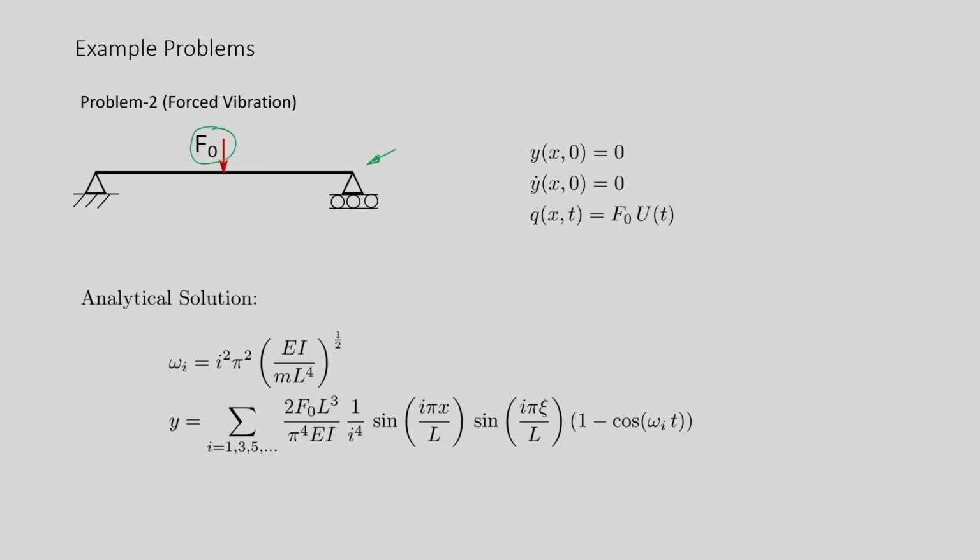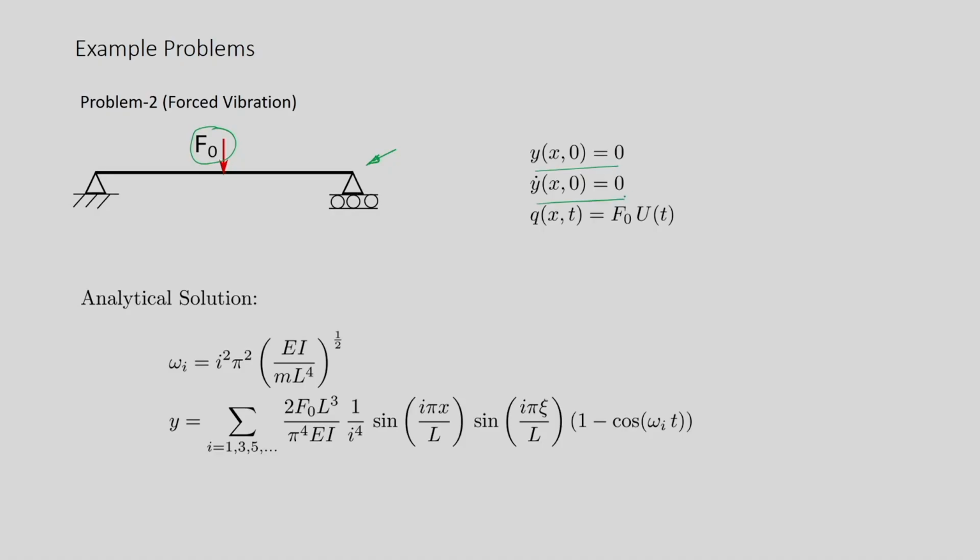Any vibration textbook you can take up, and you can find these analytical expressions. Here we have applied a step input. Initially there was no load, so the initial condition, both displacement and velocity, is 0 as written here, but we just applied a transverse load.